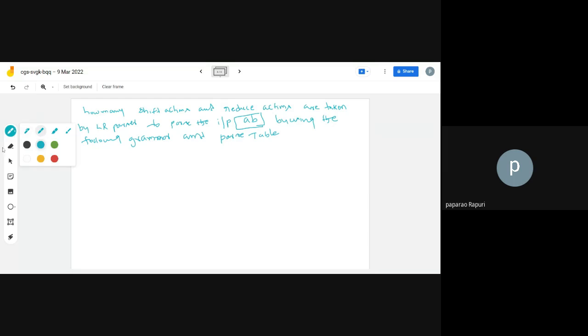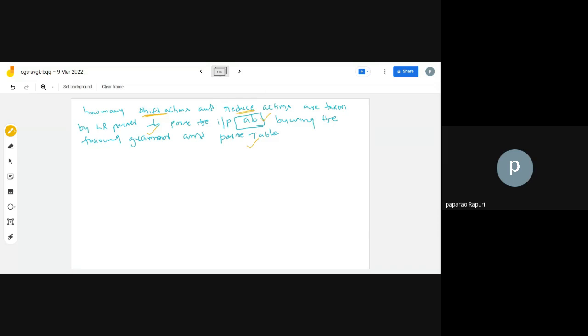If you see here, he has given the input string, the grammar and the parse table. What is the problem? We need to find how many shift actions are performed and how many reduce actions are performed.